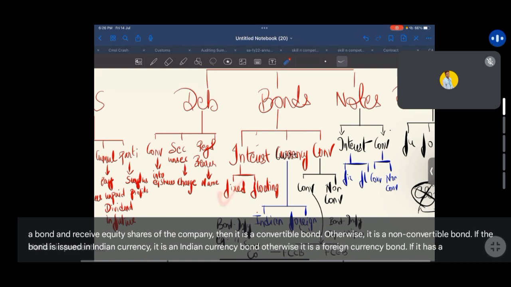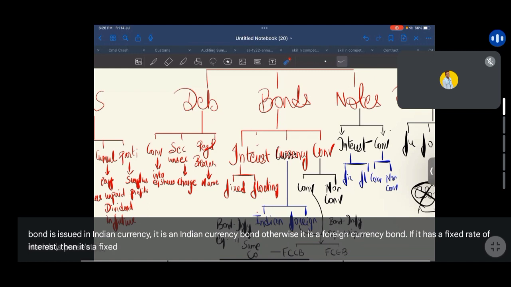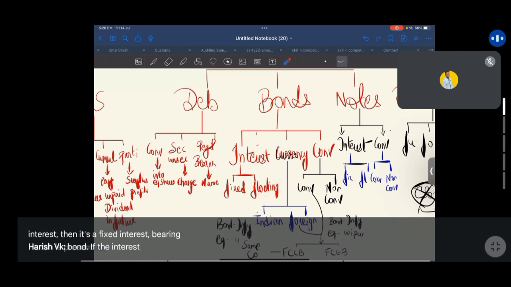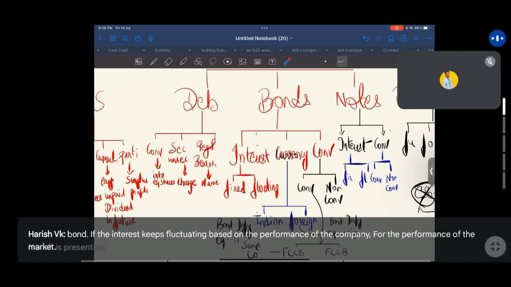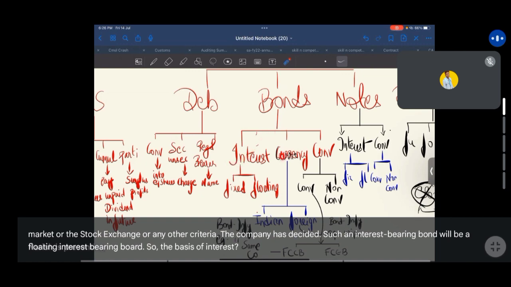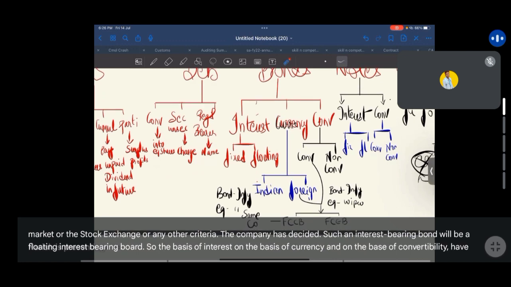If it has a fixed rate of interest, then it's a fixed interest bearing bond. If the interest keeps fluctuating based on the performance of the company or the performance of the market or the stock exchange or any other criteria that the company has decided, such a bond will be a floating interest bearing bond. So on the basis of interest, currency, and convertibility, we have three categories of bond.